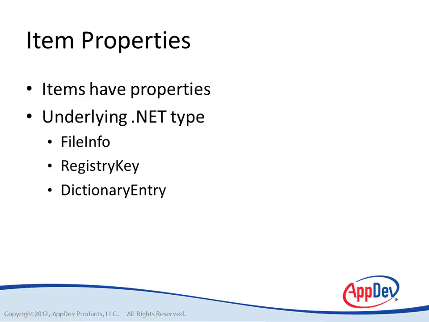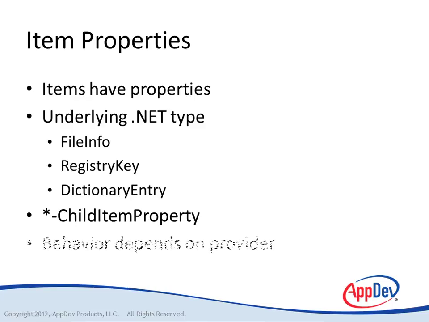To work with these properties, we use, instead of the child item commandlets, the child item property commandlets. So get, set, new, remove, and so forth. The specific behavior depends on the provider that we're using. All right, so let's jump back over to our demonstration machine and manipulate some of the item properties of some registry keys.